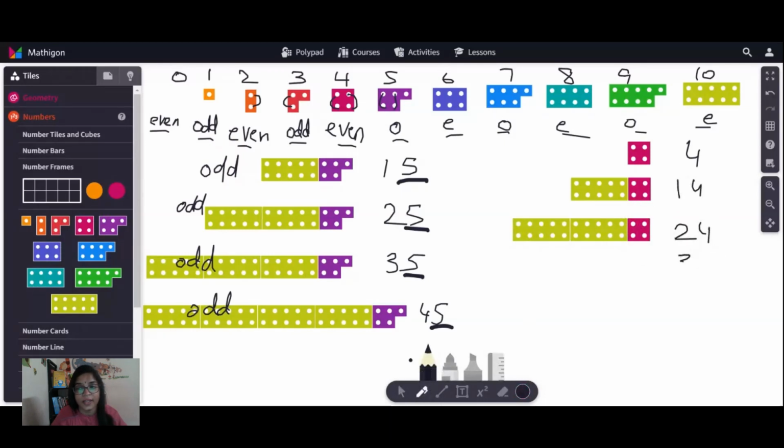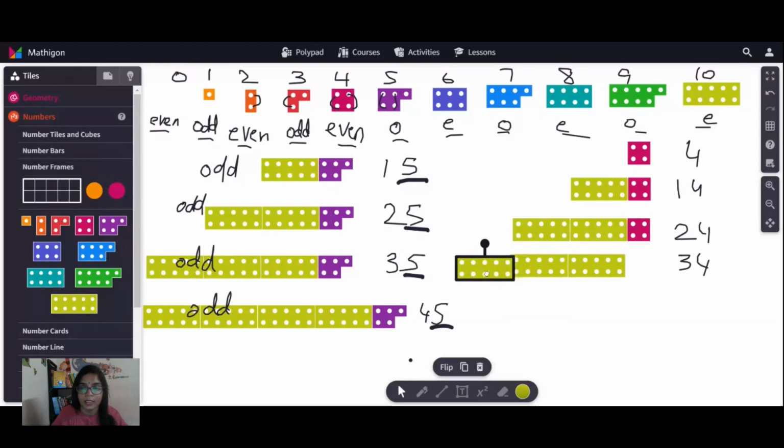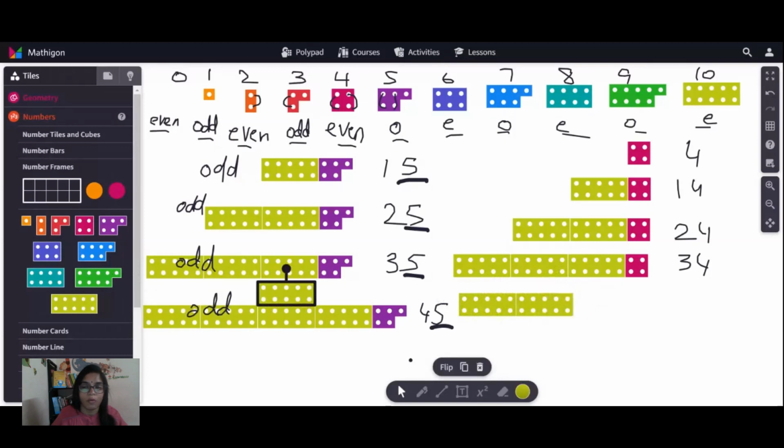Then let's try 34. Here is 10, 20, and 30. And then a 4. 34. Next, what I'm going to do? You're right. Very good. I'm going to make a 44.